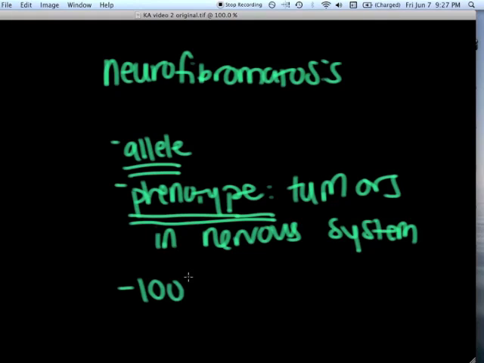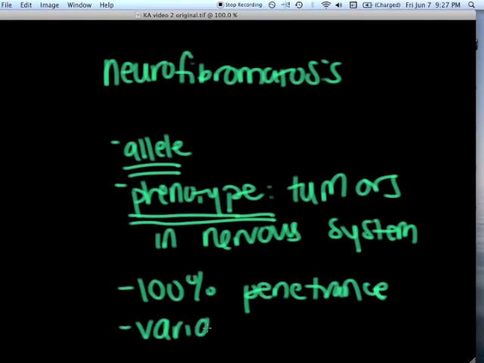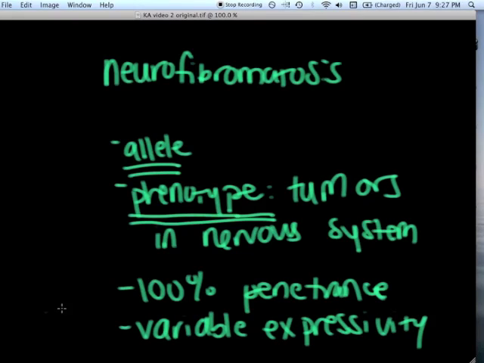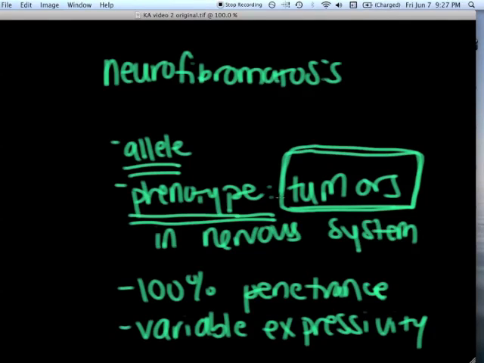In other words, we know penetrance to be 100%. However, in this disease, there is variable expressivity. In other words, some people with that allele will get more sick, they'll get more tumors, and some people will get less sick, they'll get fewer tumors.